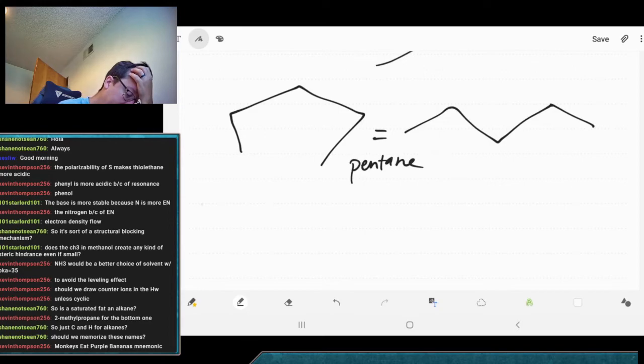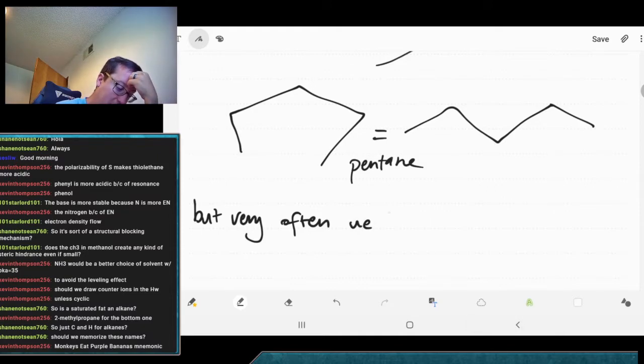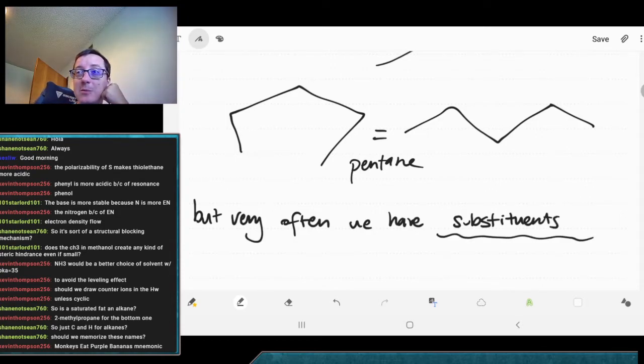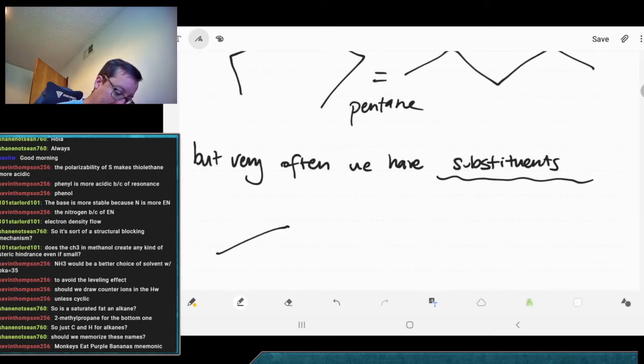But very often we have substituents. Remember, substituents are going to be things other than hydrogen that are going to be stuck onto our carbon chains. So sometimes we might have something like this.